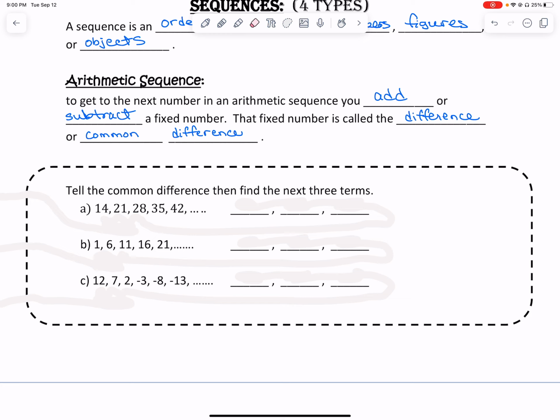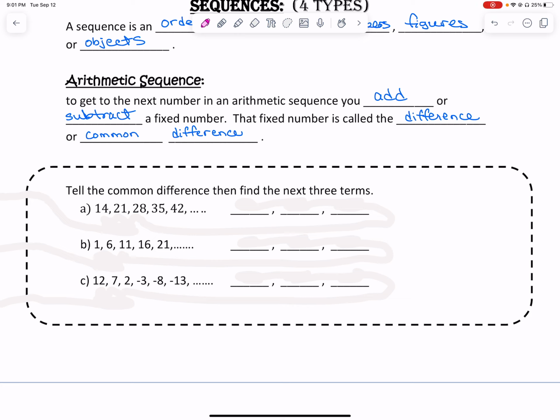To go from 14 to 21, how much do we need? 14, 15, 16, 17, 18, 19, 20, 21. So that's 7. To go from here, it's 7, from here, 7, from here, 7. So the common difference is 7.